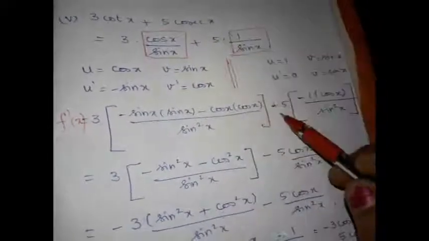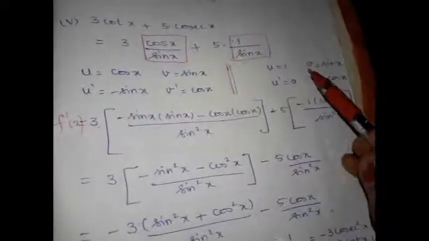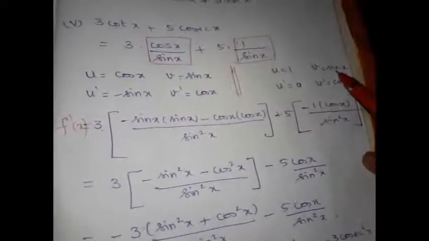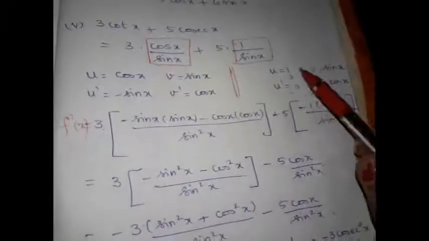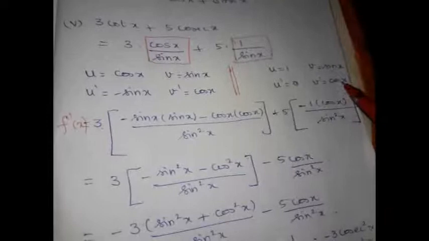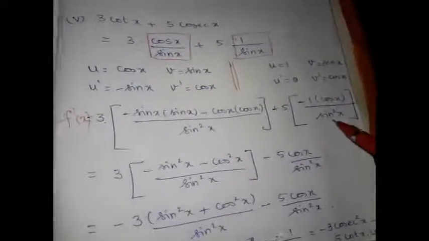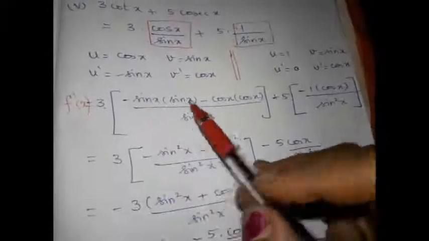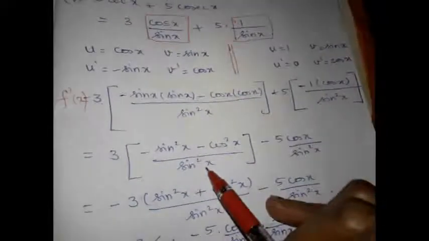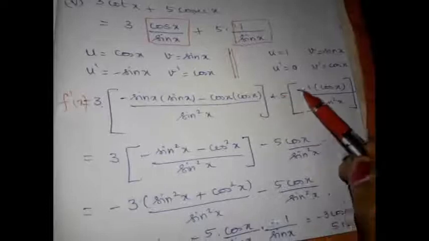Plus 5 into, again u dash v, 0 into sin x is going to be 0. So I didn't write the first term, minus u v dash, 1 into cos x divided by v square, sin square x, alright. So which is equal to 3 into minus sin square x minus cos square x divided by sin square x, minus, plus into minus is minus 5 cos x by sin square x.